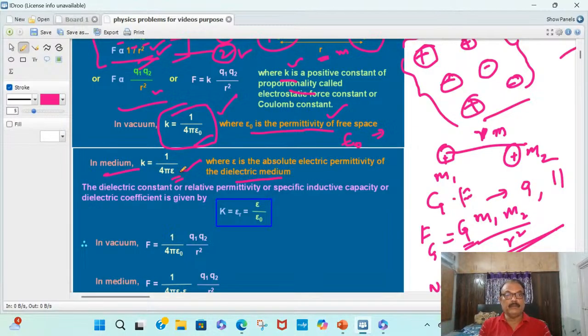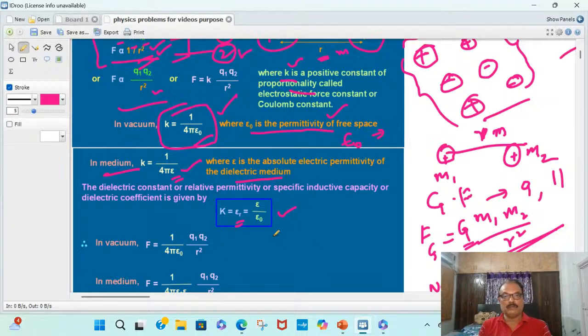When you compare these two, you will get the relative permittivity. Relative permittivity is the permittivity of the medium divided by the permittivity of free space. How has this come? Just divide.